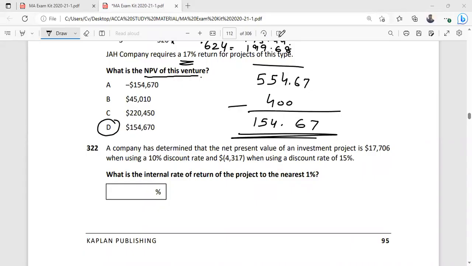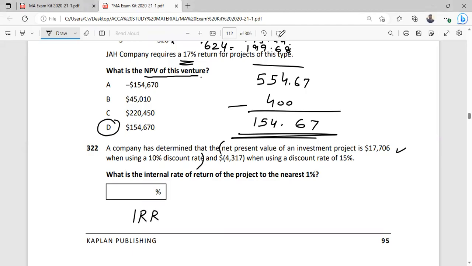Okay. A company has identified the NPV of the project is 17,706 when using 10% discount rate. So NPV at 10% is positive, and 4317 negative when using a discount rate of 15%.